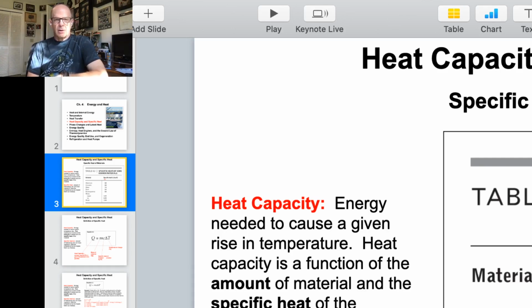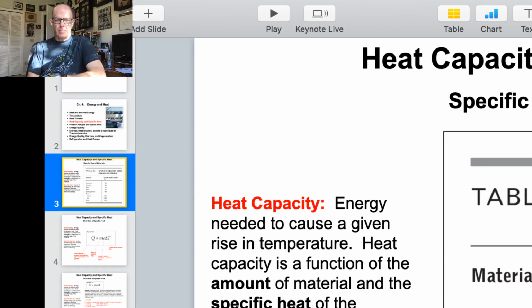On the other hand, it takes only 502 joules of energy to increase the temperature of 1 kilogram of steel by 1 Kelvin, according to the information in the table. And on the other end of the spectrum, it takes over 4,000 joules of energy to increase the temperature of 1 kilogram of liquid water by 1 Kelvin.